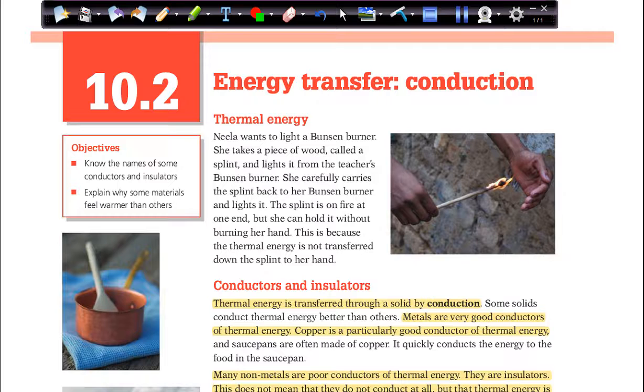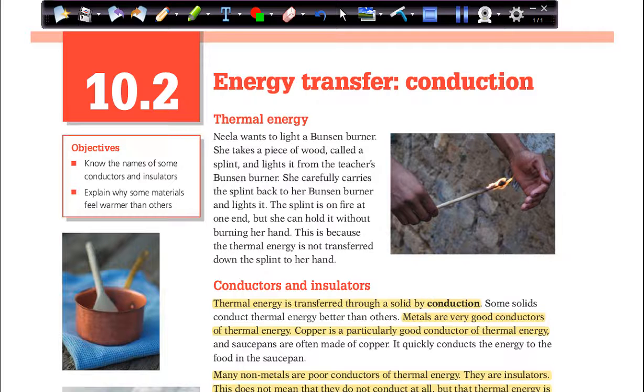And we mentioned also that thermal energy can be transferred from the hot side to the cold side, or from the more hot material to the less hot side.